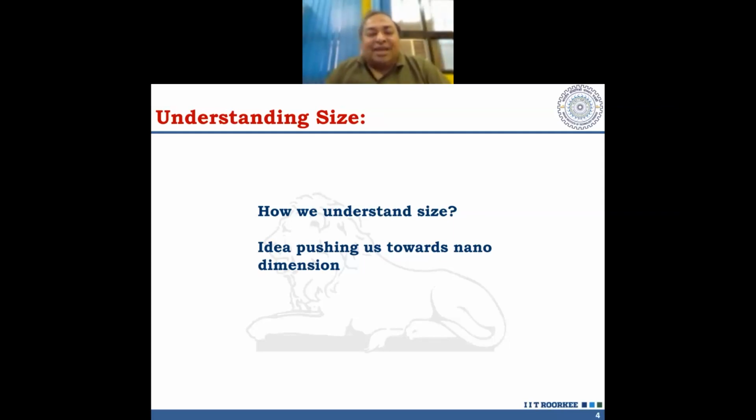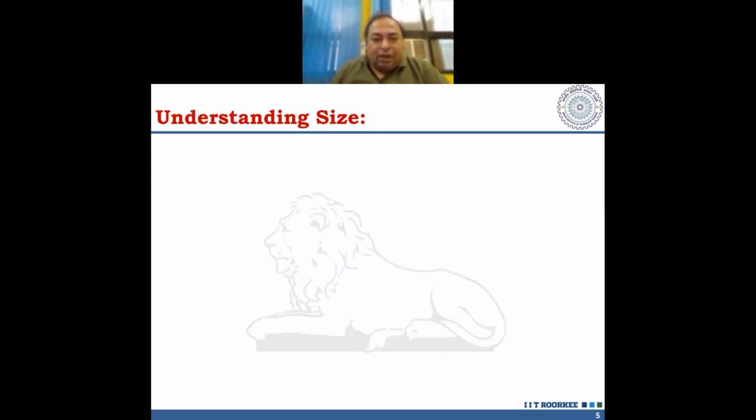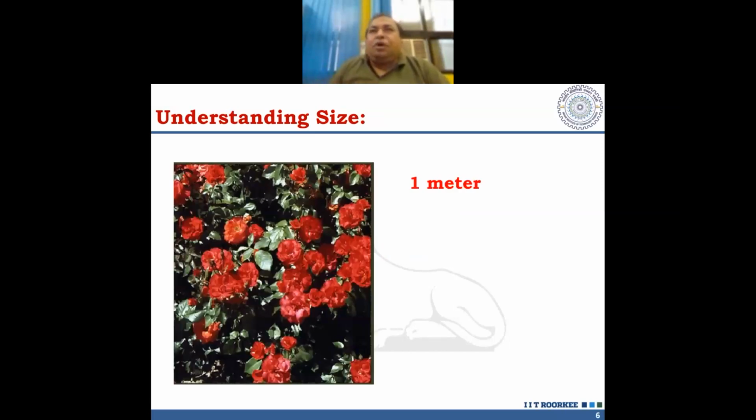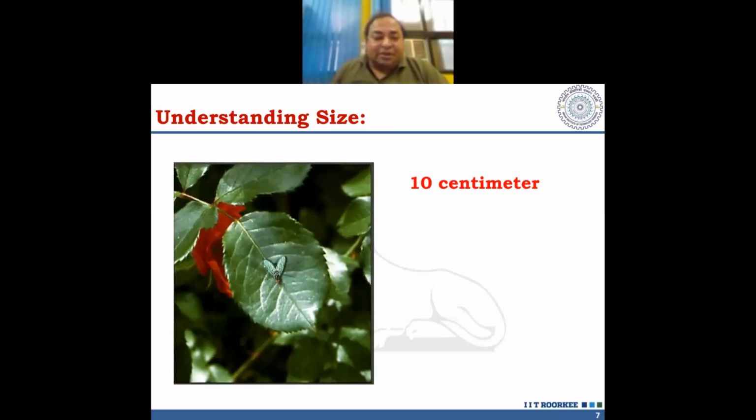So, how do we understand size? That's one of the key ideas pushing us towards nano dimension. If we try to understand size, look at this beautiful tree, and when we look at it, we generally visualize materials at the level of 1 meter.